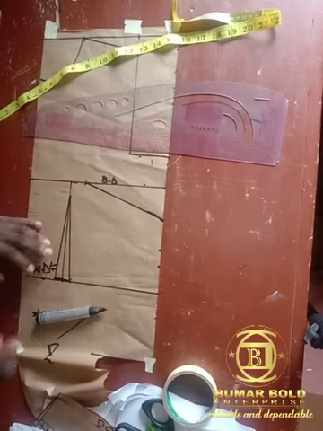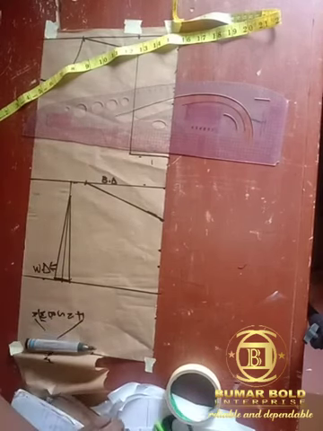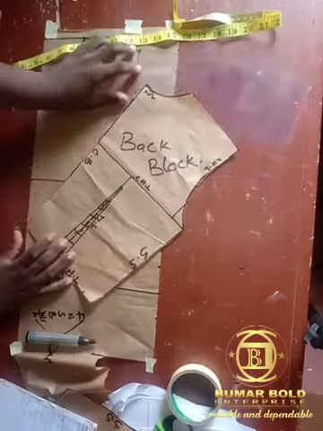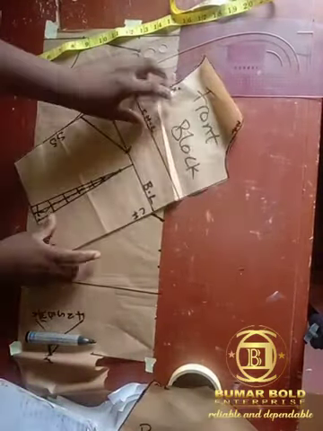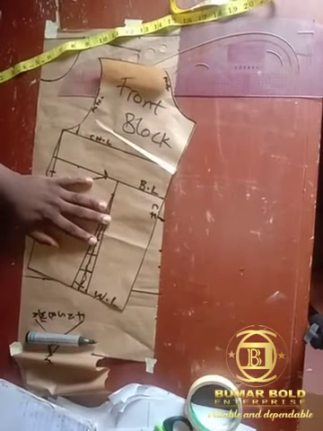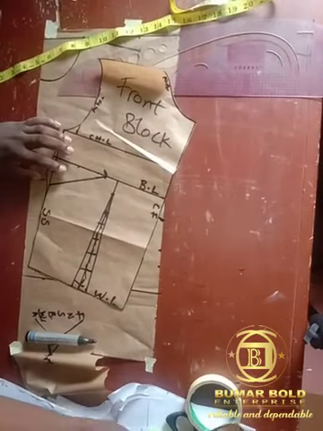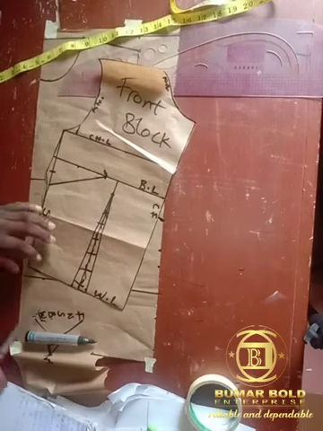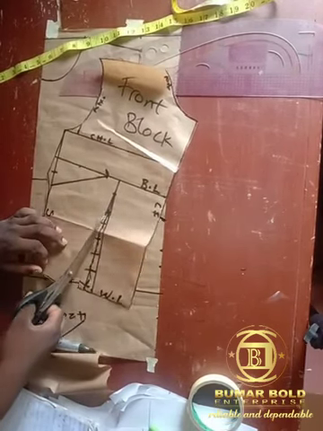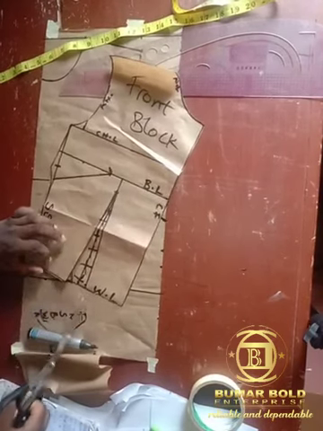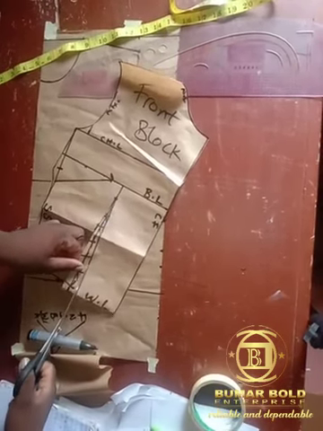After creating this, let me use this back block here. I have the front block too. Yes, good. After creating this bust dart, what I will just do is to come here and cut out this part like so. Yes, cut it out.